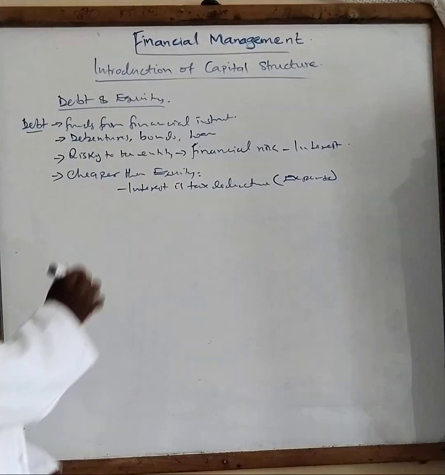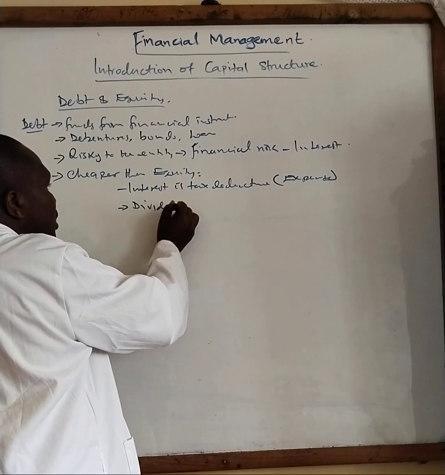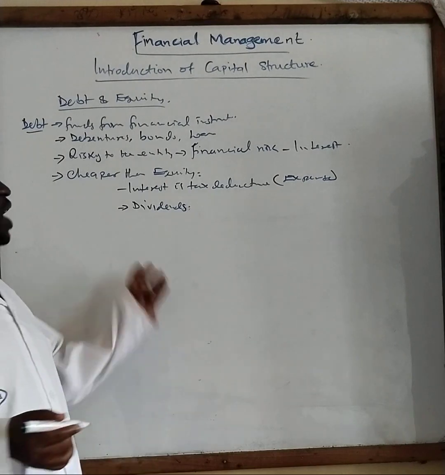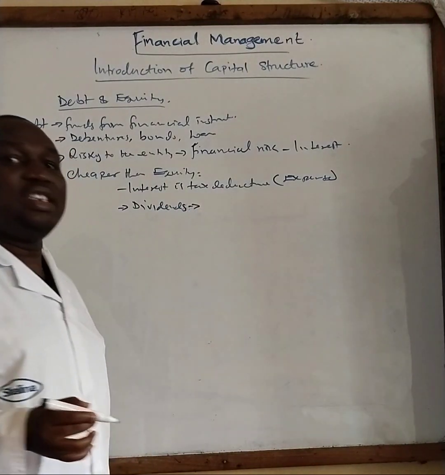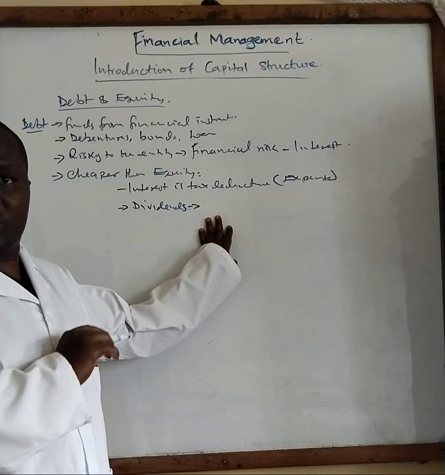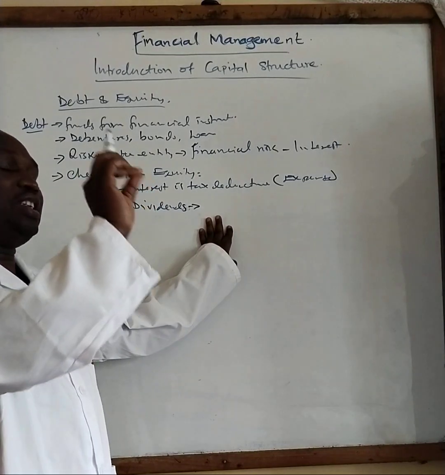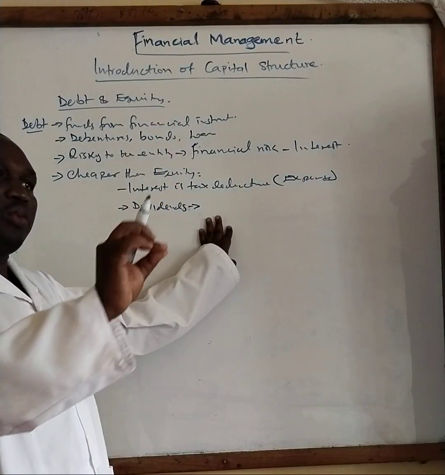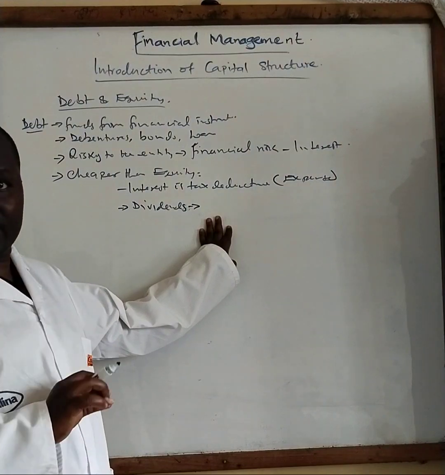Now, when you talk about equity, it will attract what we call dividends. Dividends here, we are talking about the ordinary share dividends and the preference share dividends. These dividends are not deducted or treated as an expense to the organization. That is to say, you cannot deduct them from the revenue to get the net profit for you to apply the tax rate.